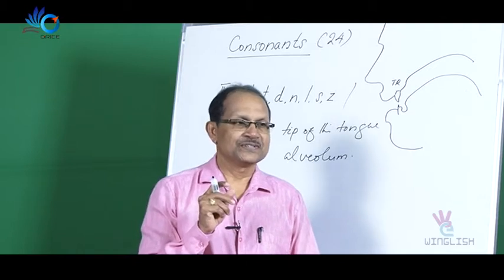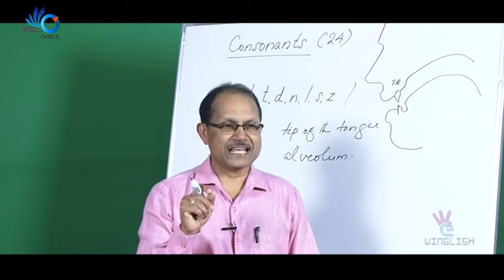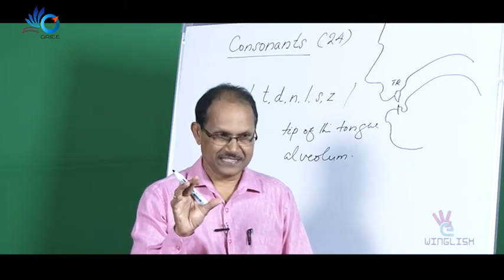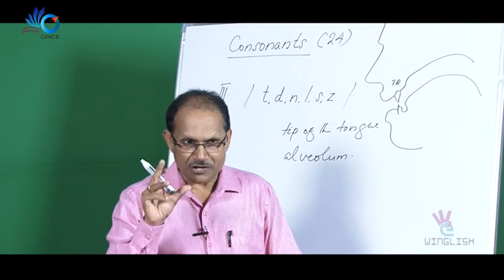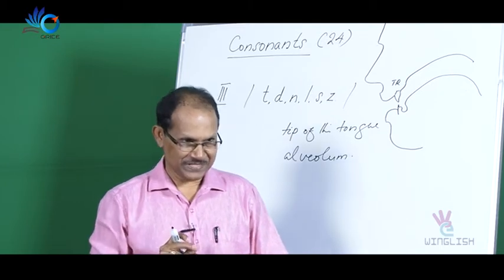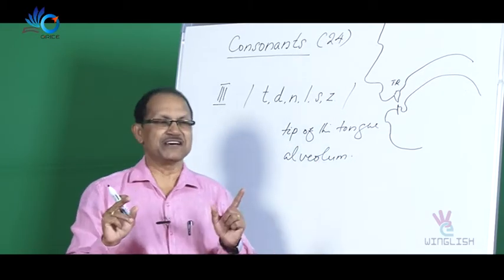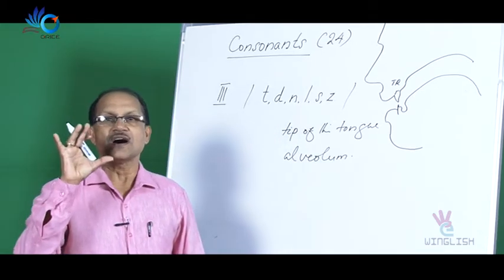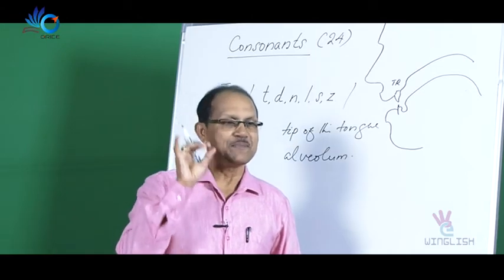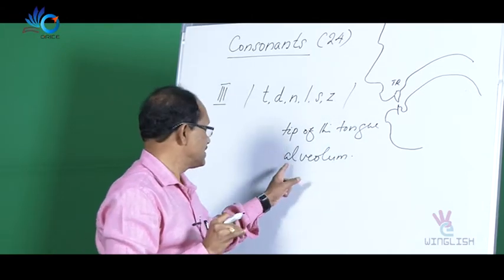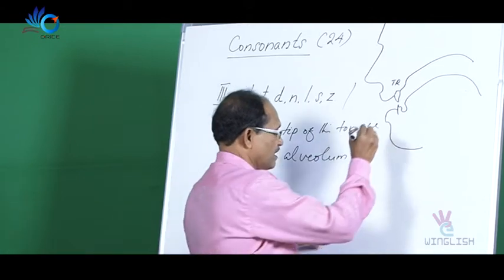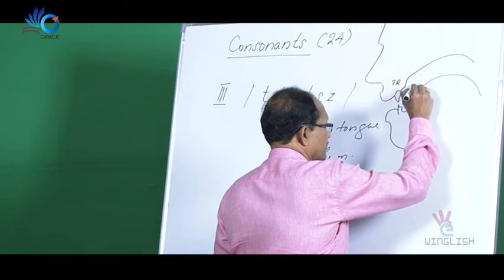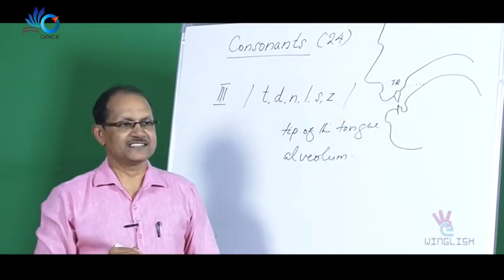If you do not articulate these sounds in the same place, it means you are wrongly articulating the sounds. If you correctly articulate them, all these sounds are articulated in the same place, and the articulators are the tip of the tongue touching the teeth ridge.